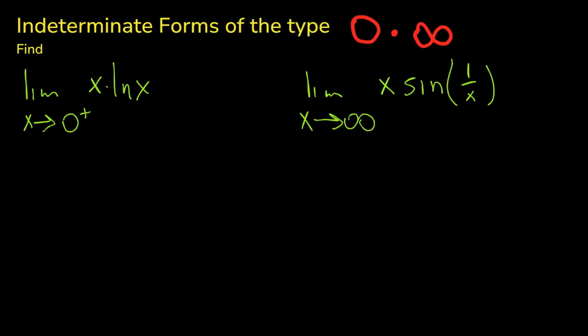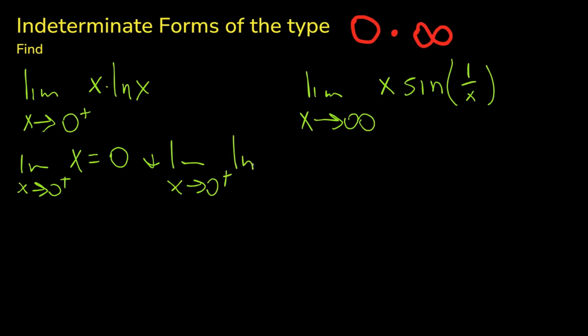So let's look at the example, limit as x approaches 0 from the right of x times natural log x. Since the limit as x approaches 0 from the right of x equals 0 and the limit as x approaches 0 from the right of natural log x is negative infinity, we have an indeterminate form of the type 0 times infinity.